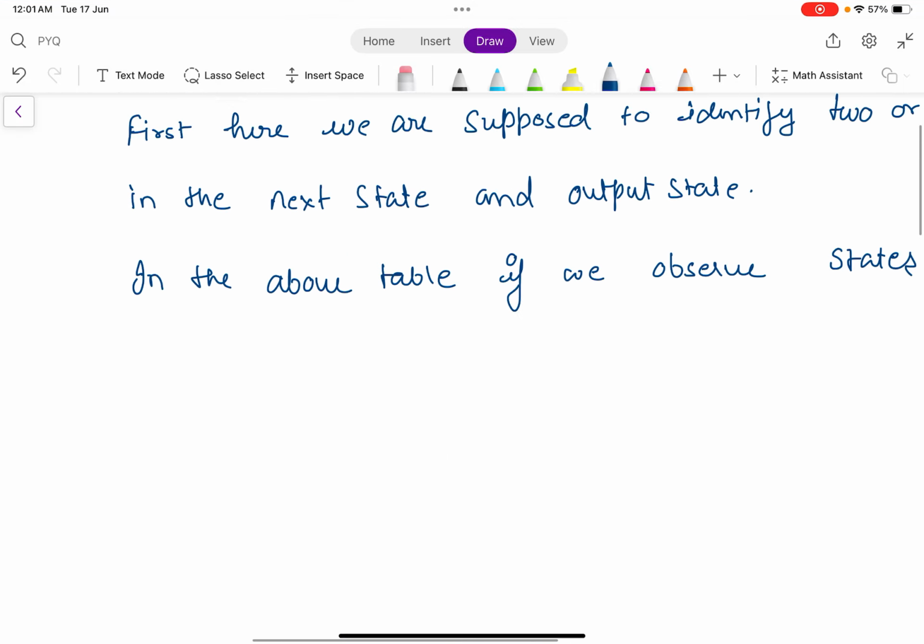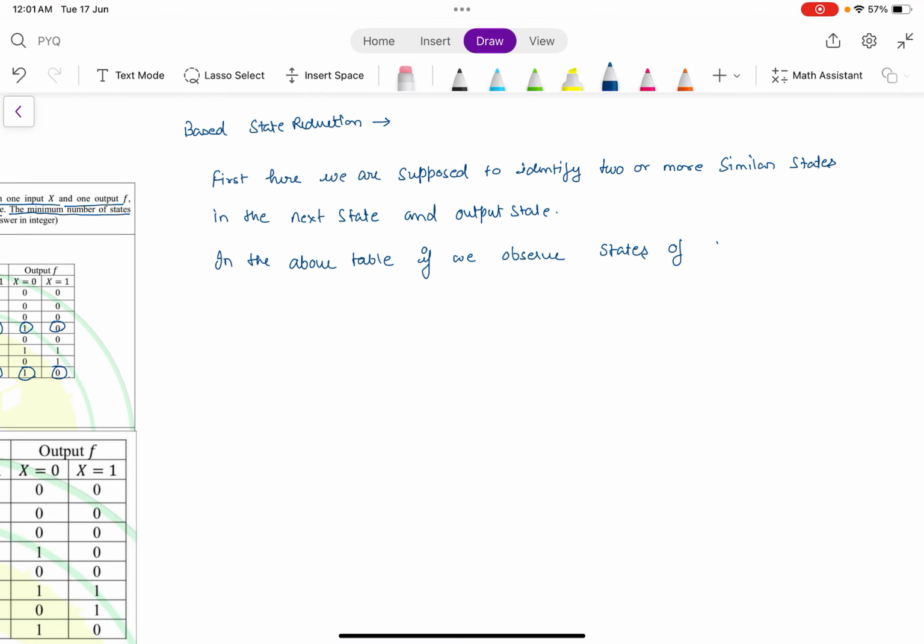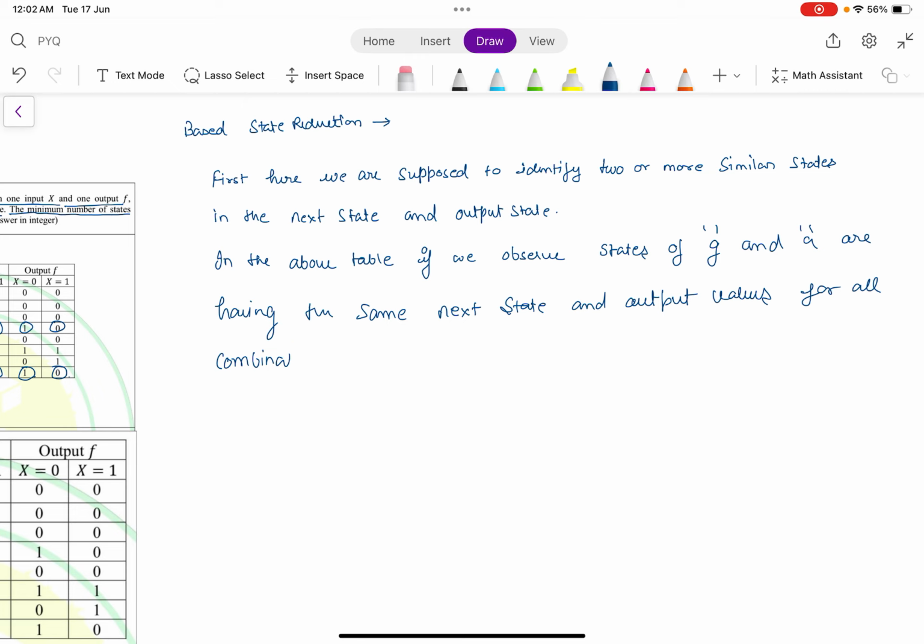So I will write: states G and A are having the same next state and output values for all combinations of input, that is x equals 0 and x equals 1.